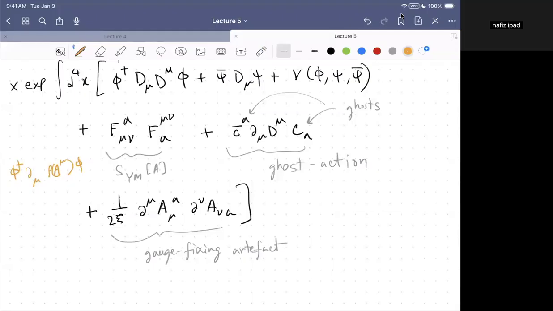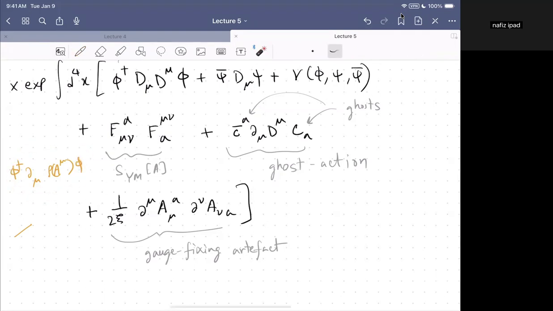So in terms of Feynman diagrams, remember that in the free field theory, we represented a propagator of phi by a straight line. Now we have phi, we have fermions, we have the gauge field. So we have to introduce different notations for the propagators, right? Let's say that a straight line still corresponds to phi. And remember how we construct interaction terms in the interacting theory. So what would this be?